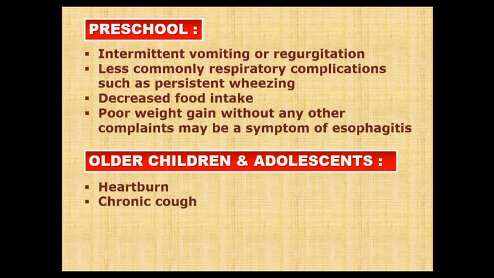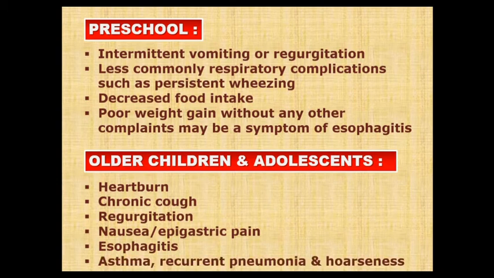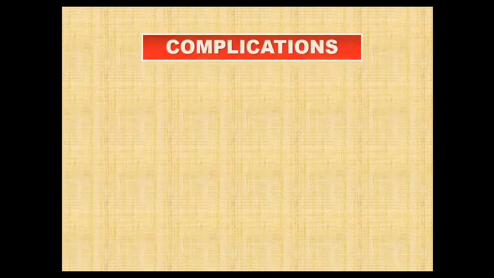These manifestations are like the adult pattern of gastroesophageal reflux disease, and there may be regurgitation, nausea and epigastric pain, or esophagitis, and sometimes extraintestinal and respiratory manifestations like asthma, recurrent pneumonia, and hoarseness of voice.